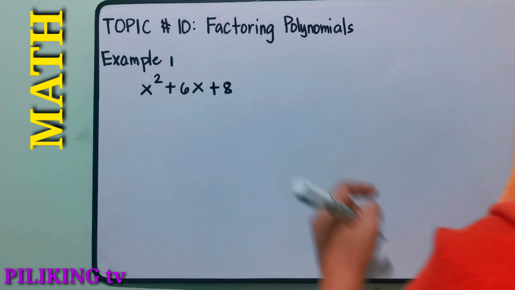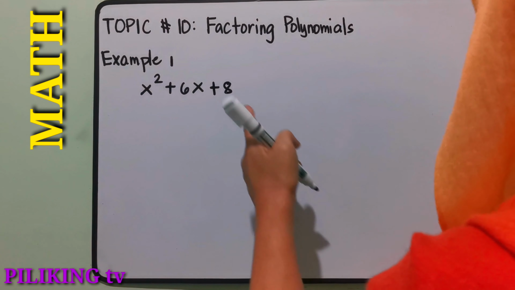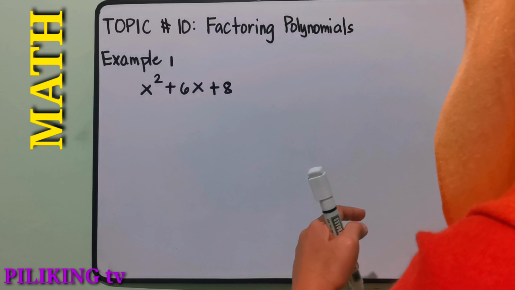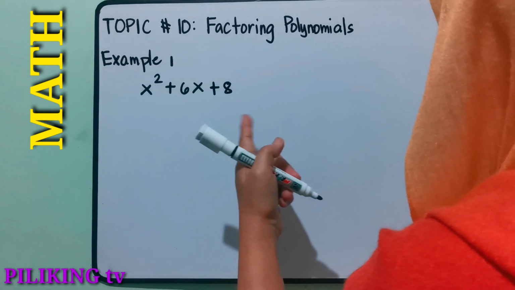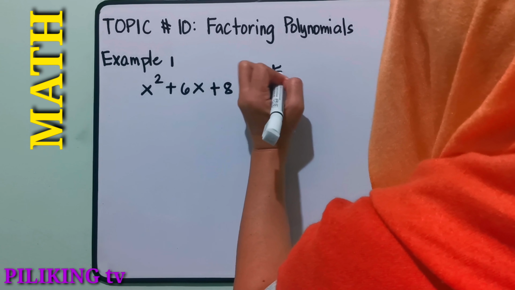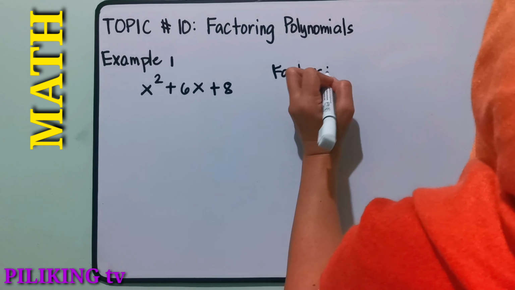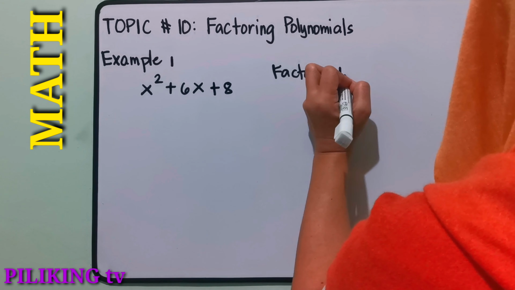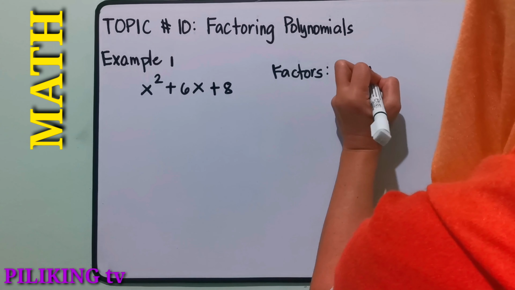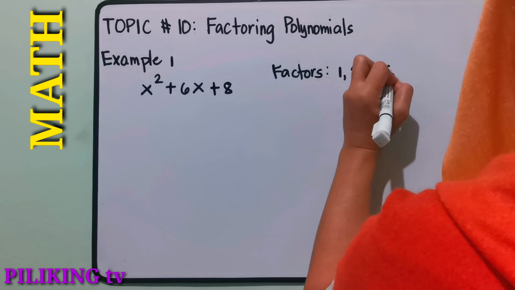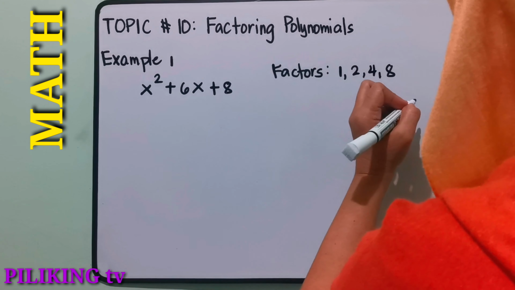So in order to factor, since the constant is 8, what are the possible factors of 8, or what are the factors of 8? So let us list down. So we have positive 1, positive 2, positive 4, 8. You can also use negative.